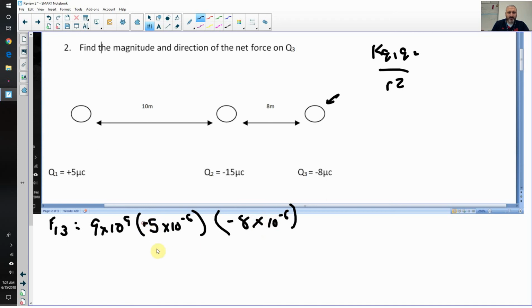It's a positive. All over, how far away are they from each other? 18 meters. 18 squared. And if you plug that in correctly, you should end up with 0.0011 newtons. And because one's positively charged and one's negatively charged, you're actually going to feel a force to the left.